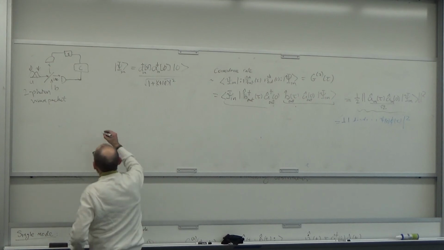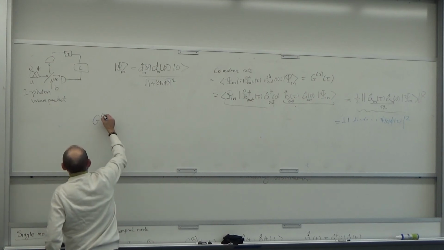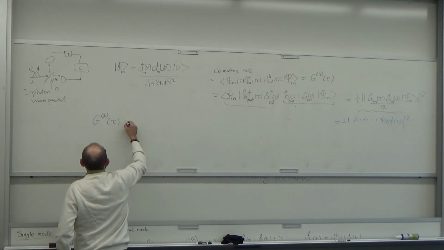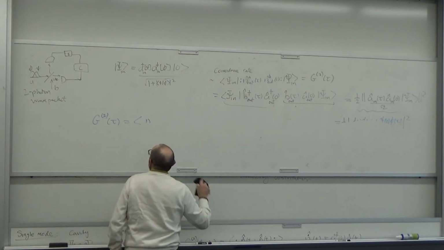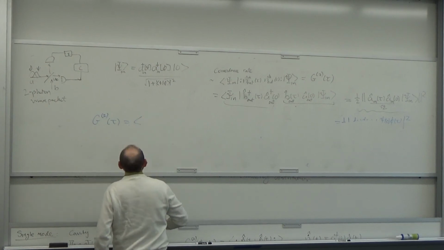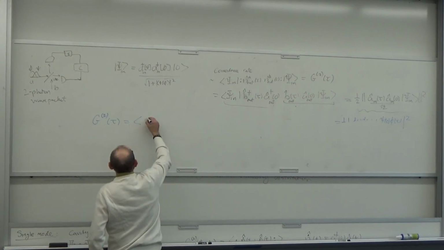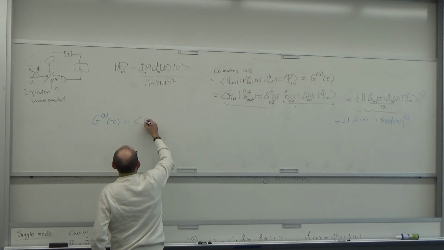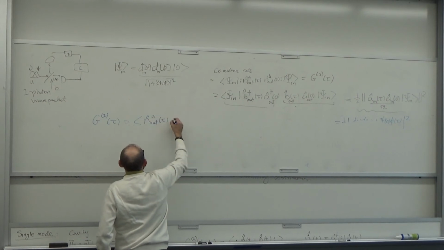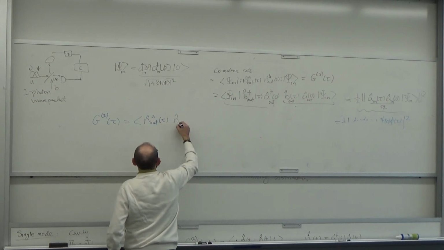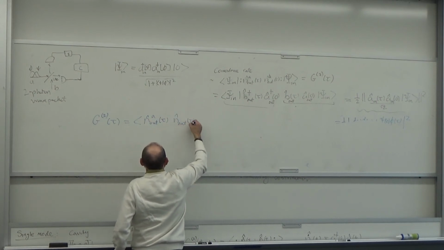So I want to look at my G2 of tau, which is equal to, I'm going to look at a single mode here. Now I'm going to look at this object, the one that I defined before. Let's consider this guy for a particular mode.